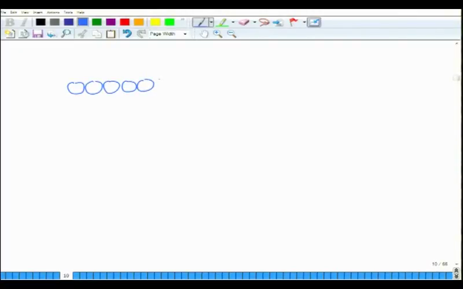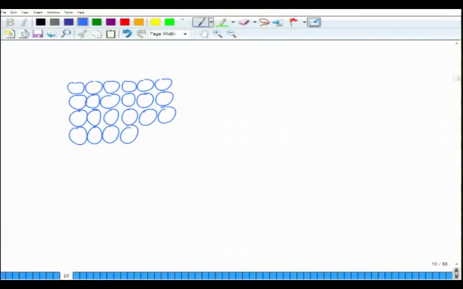So you have a structure like this, which is a perfect structure. Now what we do here is we remove some of the atoms, let us say these atoms.